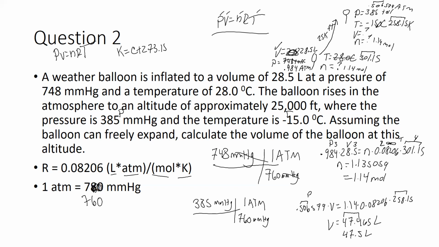So you didn't convert the millimeters of mercury to atmospheres and got the right answer, and you're only off by 0.1. That is interesting. It could be that it just happened to work out this time. I don't have a good explanation why, because they should still be off, because the gas constant does depend on the unit.